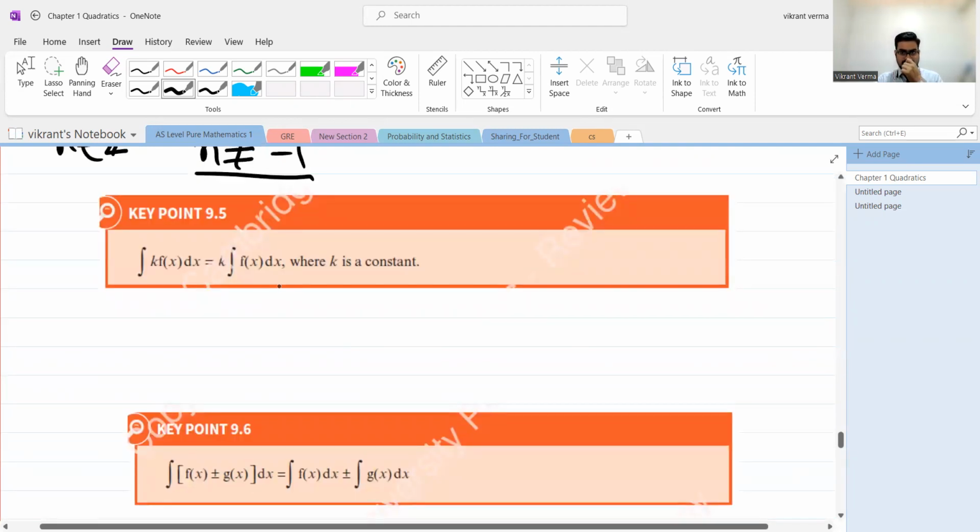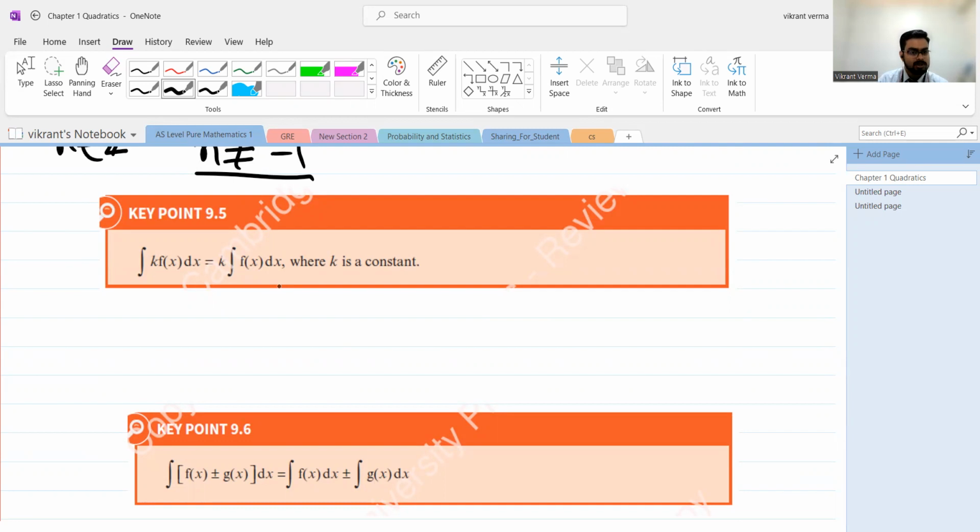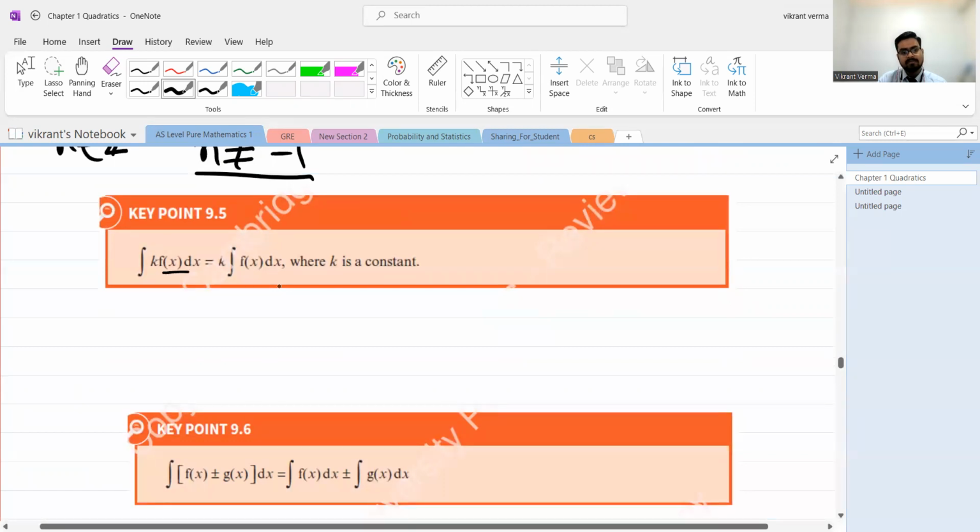So now we have some other rules in the integration formula. The very first rule is that if your function is multiplied with some constant k, here we have a constant k that you can see, the rule says that you can take this k outside of your integration sign. This is the integration part, and the k has come outside.